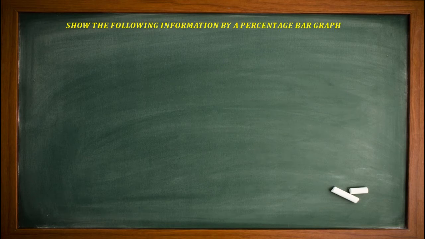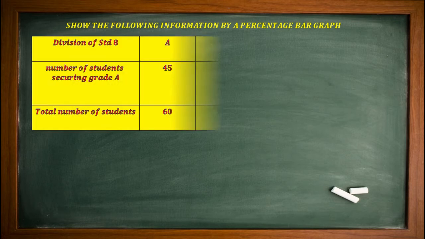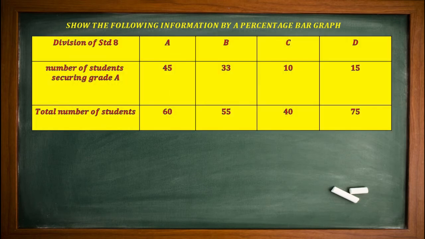Now we'll move to the practice exercise 11.3, and we are supposed to solve the first question: show the following information by a percentage bar graph. The table is on your screen, students: divisions A, B, C and D of standard 8, the number of students scoring grade A, and the total number of students.